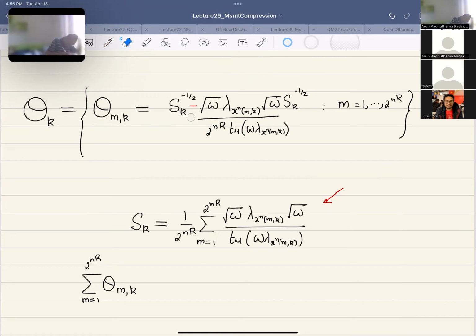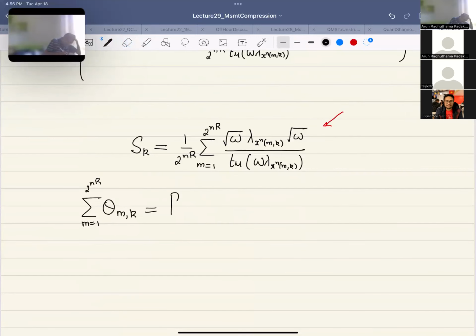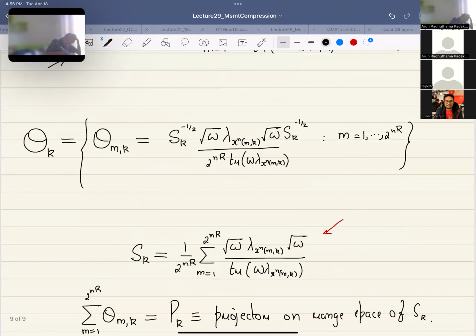So when I add this, I can call this pk, the projector on the range space of sk. That's not a problem. It's still lesser than identity, so I can put a minus one, which is I minus pk. Okay, so this is the kth element of my POVM.